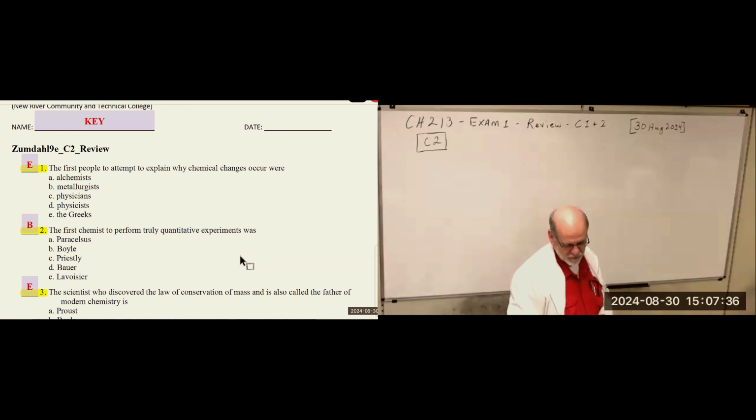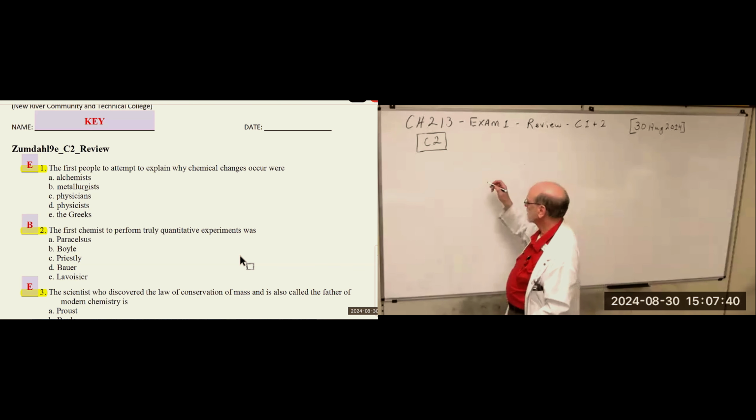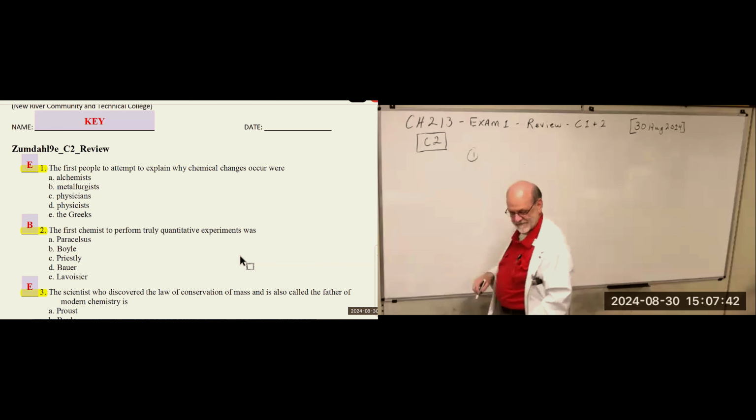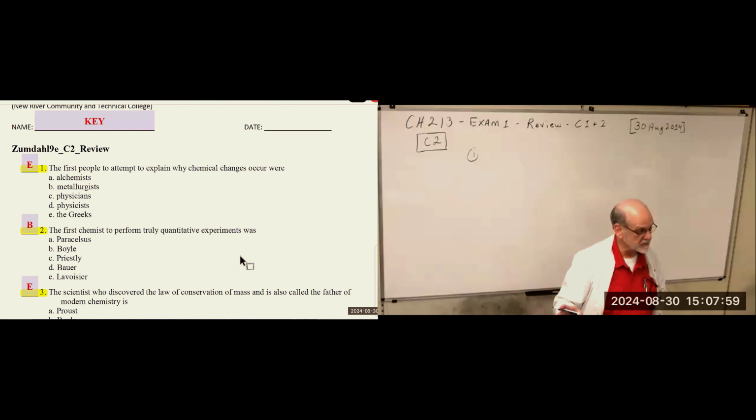Okay, the first people to attempt to explain why chemical changes occur were, actually before them, well, medieval alchemists, the Greeks. The Greeks were first. There were alchemists before the Greeks, right, in the Middle East and in Egypt.